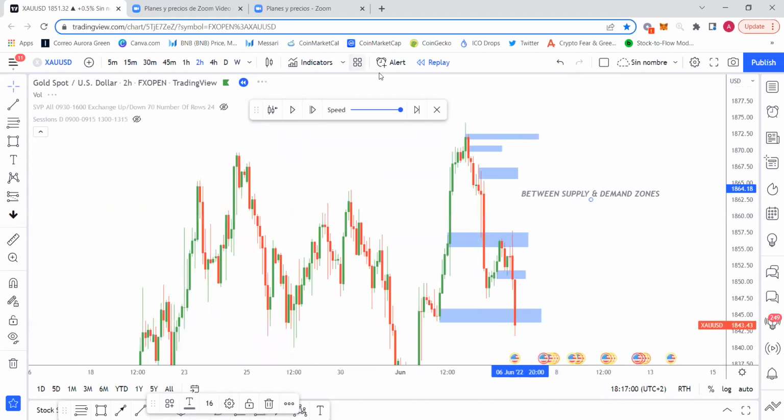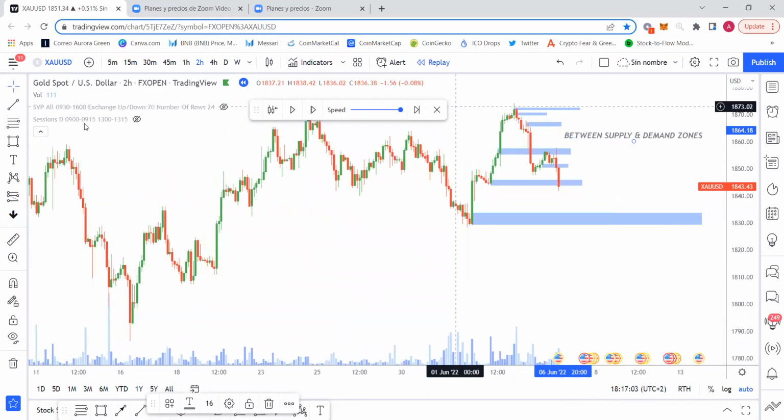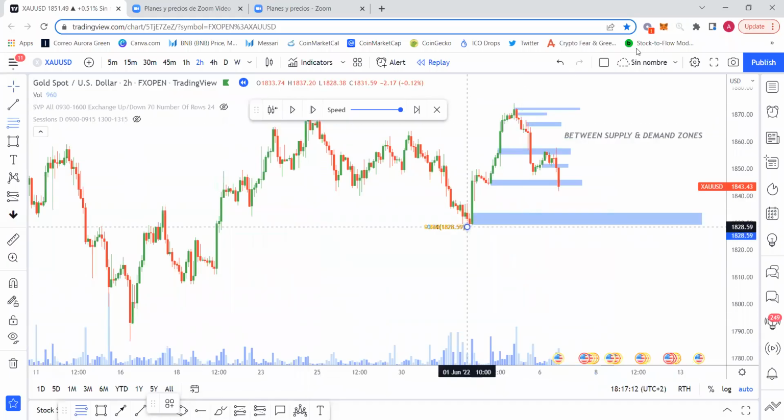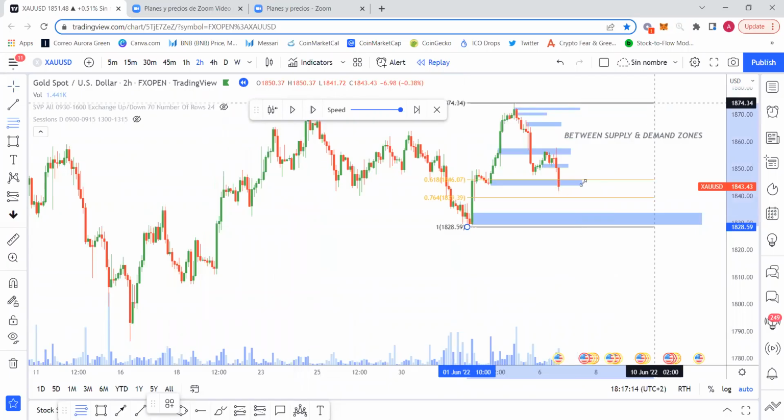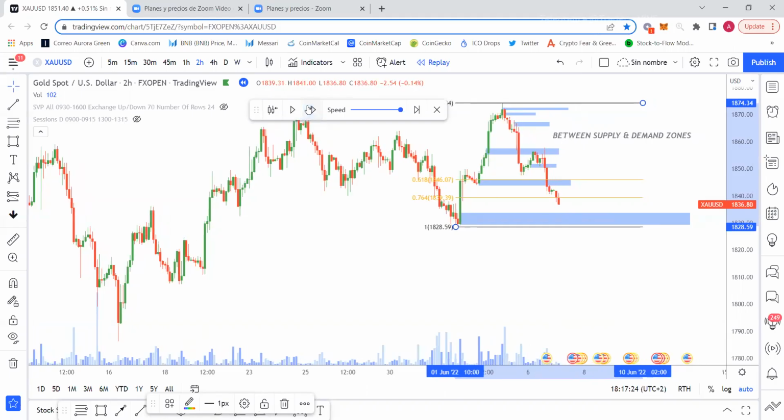Then another way I like to look at my targets is, for example, if I entered somewhere there in a sell, I would also look for this target from my Fibonacci, this level in the Fibonacci, the 1840s. This is also a level where you will see price react. I don't know why I lost this level because it was a great level.